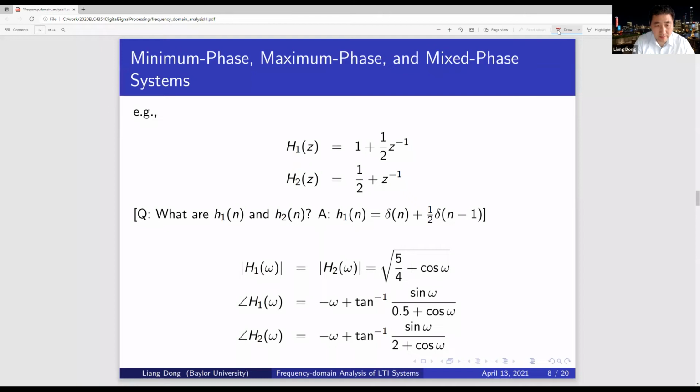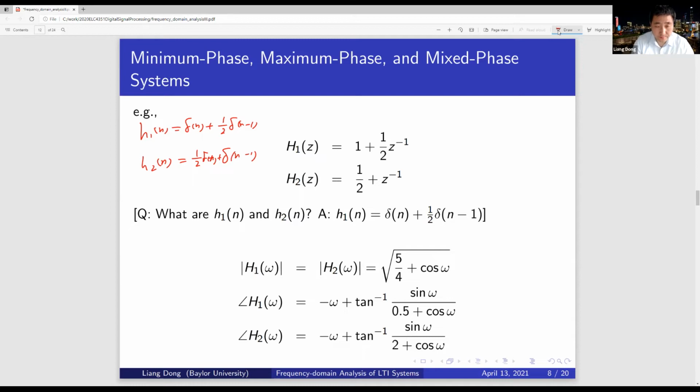So what are H1[n] and H2[n] in the time domain? This is delta[n] plus half times delta[n minus 1]. This is half delta[n] plus delta[n minus 1].